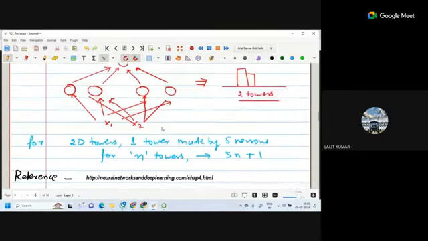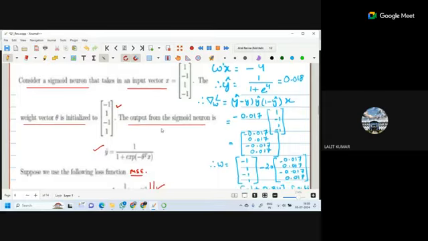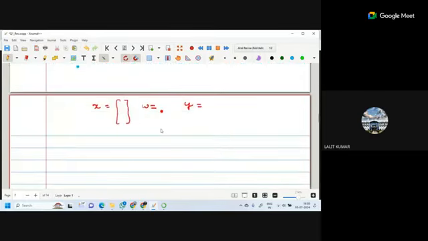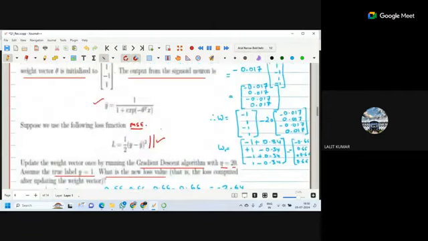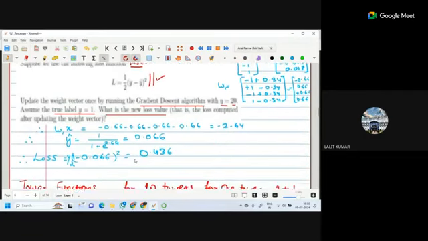Let's see the values: x is 1, minus 1, 1, minus 1. W is minus 1, 1, minus 1, 1. Y is equal to 1.